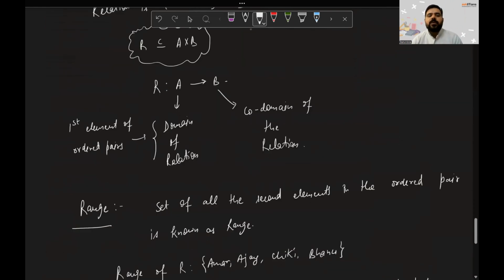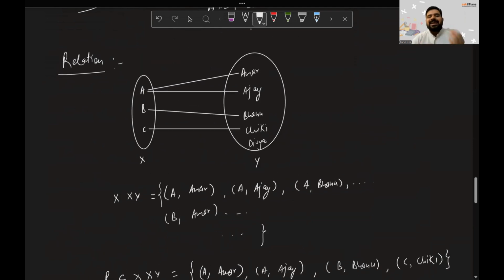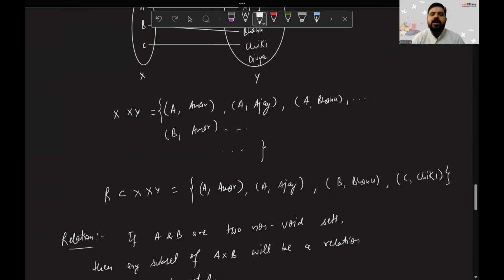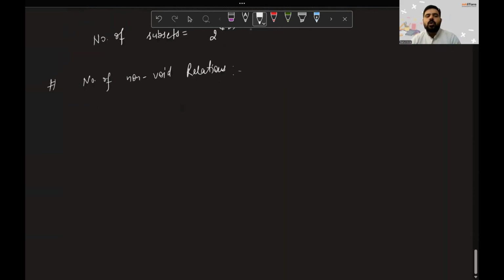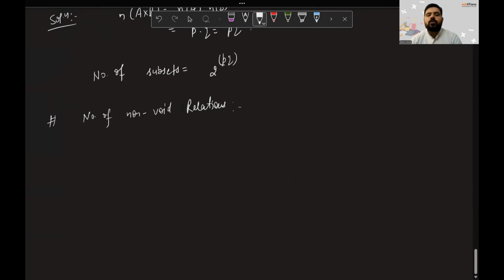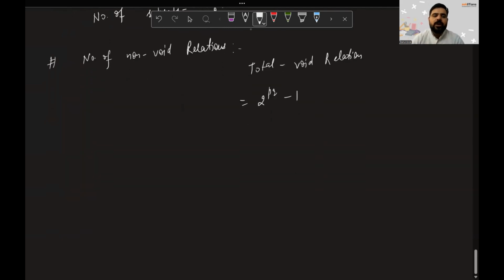The void relation is when nothing from set X is mapped to anything from set Y. We haven't chosen any element from set X or from set Y. So the total number of non-void relations is total minus void relation. And how many void relations will there be? Only one. So this is going to be 2 raised to the power PQ minus 1. I hope this is clear to you guys.